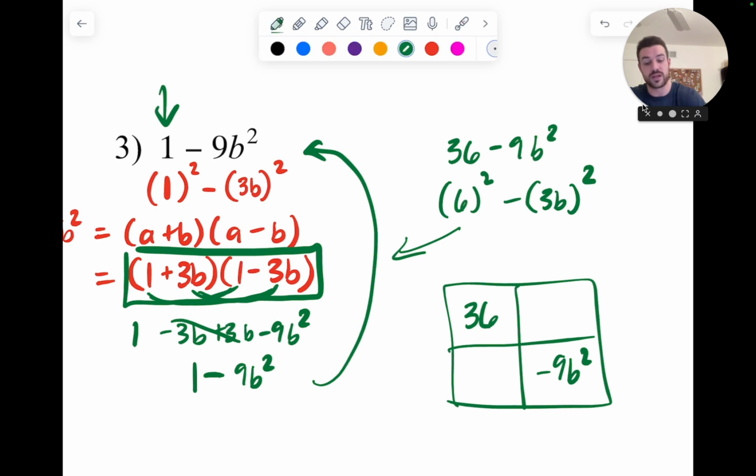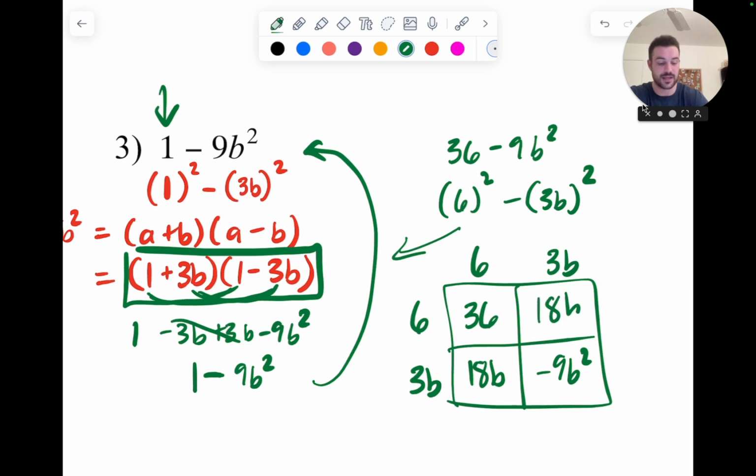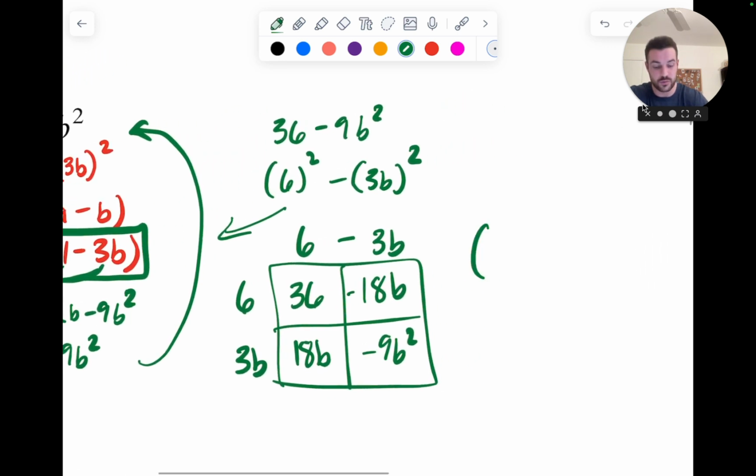The only way that works is if our values on the outside of our 36 are the same, and the values on the outside of our 9b squared are the same. We get 18b and 18b, and again, one of them is going to have to be negative. So therefore, our two diagonals cancel, and the answer to this one would be 6 plus 3b, and then 6 minus 3b.